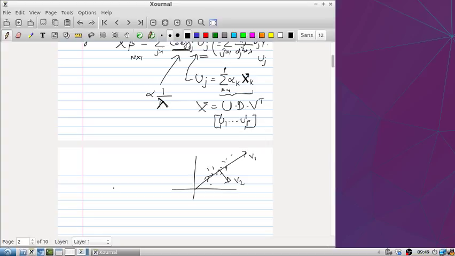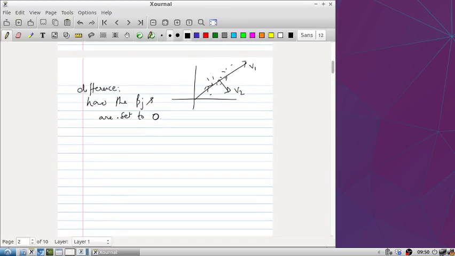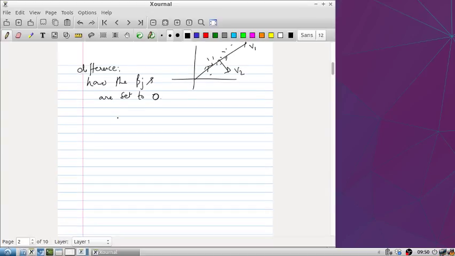The difference is in terms of how the betaj's are set to 0, and that's illustrated in this diagram.